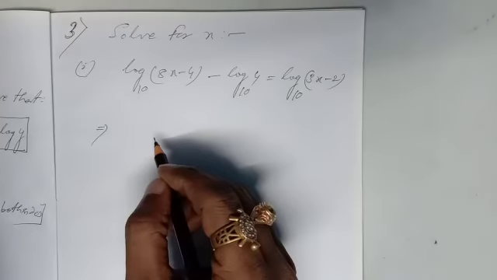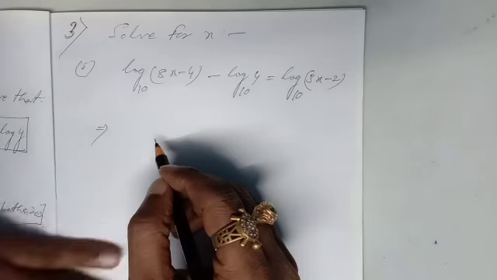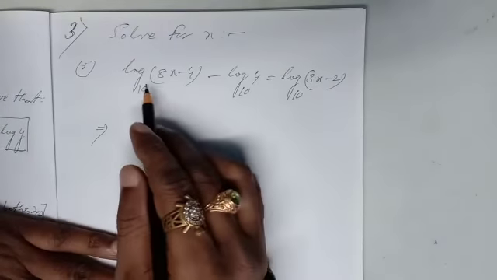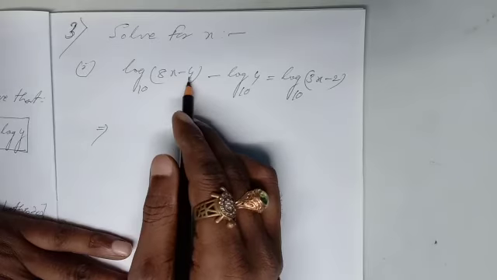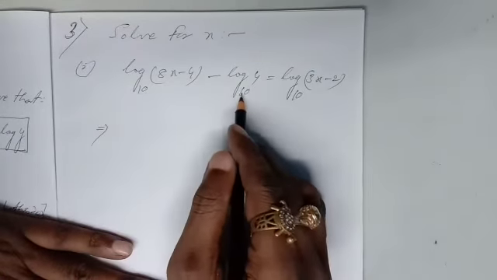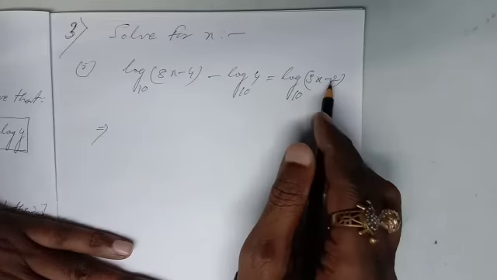See, question number 3 I have taken from your book Innovative Math Books, as per your prescribed books for class 9. The chapter is logarithm. Log of (8x minus 4) base 10 minus log 4 base 10 is equal to log (3x minus 2) base 10.